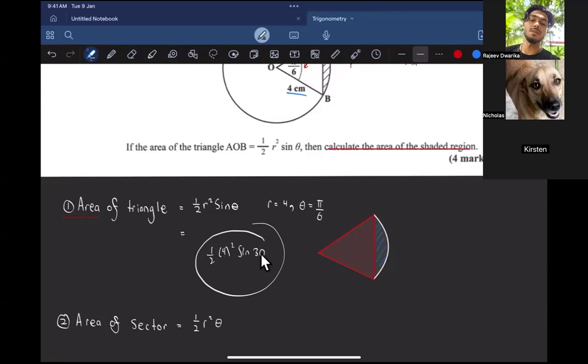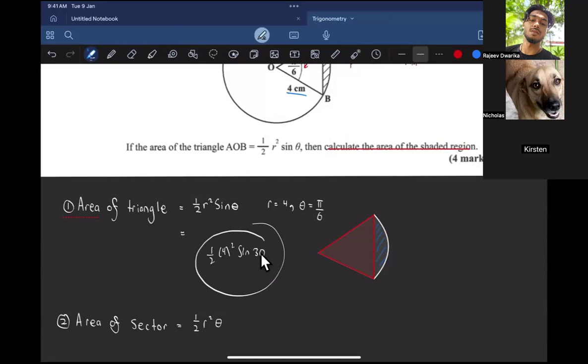Wait a minute, something fishy is going on. Oh wait, no, the correct answer is actually four. I don't know how I got 16. I think instead of four squared, I put eight squared. I'm going to confirm that. Ah, yeah, that is why. Guys, the correct answer is four.